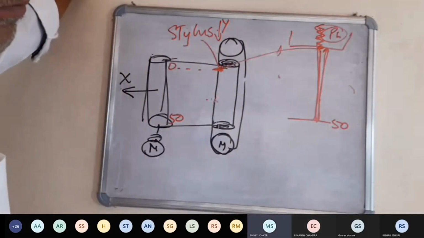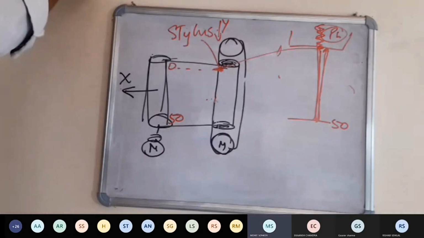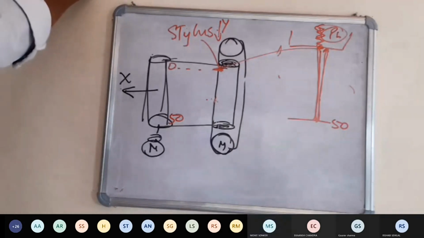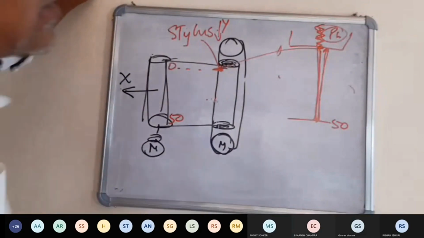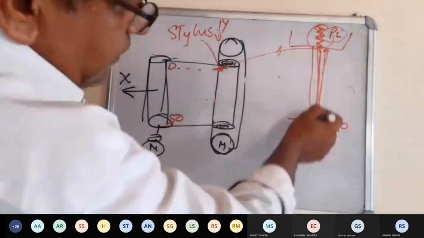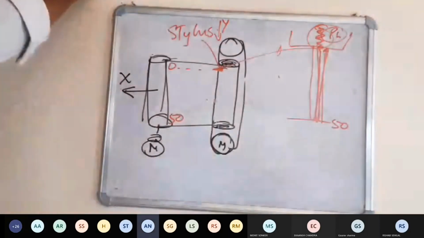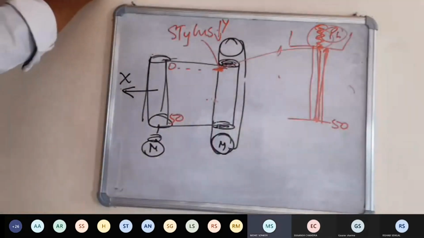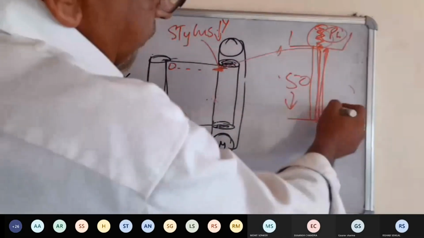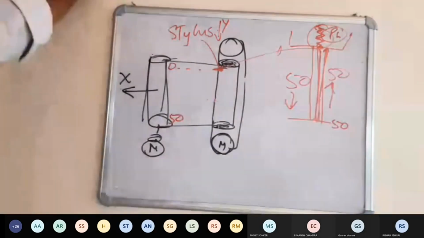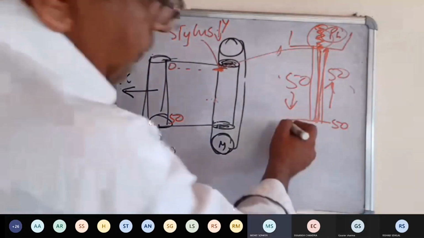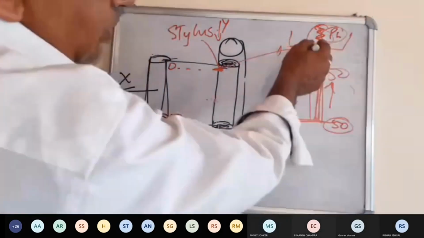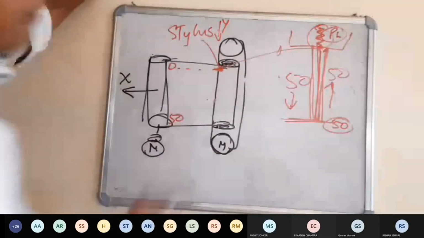Twice the depth, sir, 100 meters. 50 going and 50 coming back. For the depth of 50 meters, the pulse has traveled 50 and gone back 50.